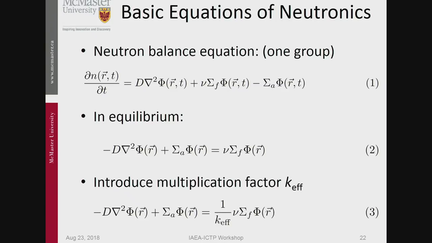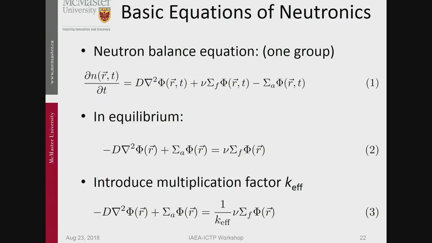Now, in equilibrium, that means that we're looking at a reactor that would be humming along happily, which means that it has a K effective of 1. It means that it produces as many neutrons as it loses. And that's what this equation implies. In reality, when we want to study a nuclear reactor, we may have cases where that's not the case. So we introduce this thing here called K effective. If K effective is equal to 1, you get this back.